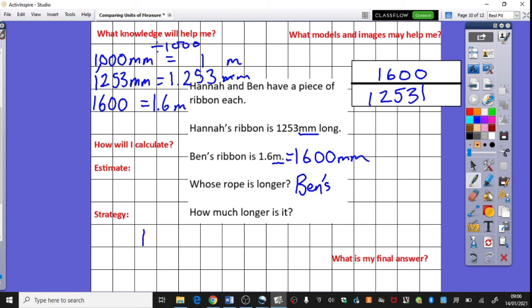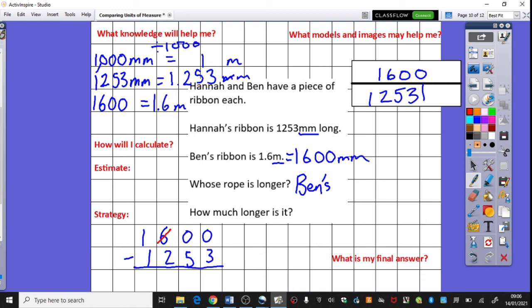If we did use a column method for this one, we may find we've got a lot of zeros to deal with here. So I will show you, but again it might be better, a little bit like before, if we partition and use that method to help us. So 0 from 3 we can't do, but we can see that we've got nothing to exchange here.